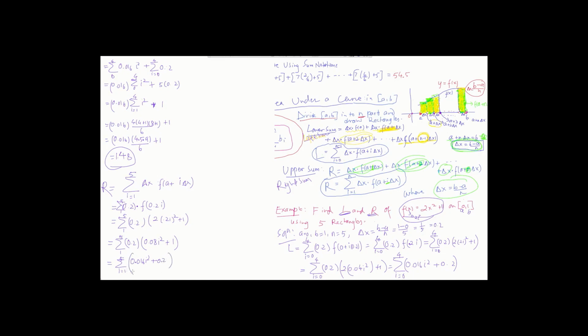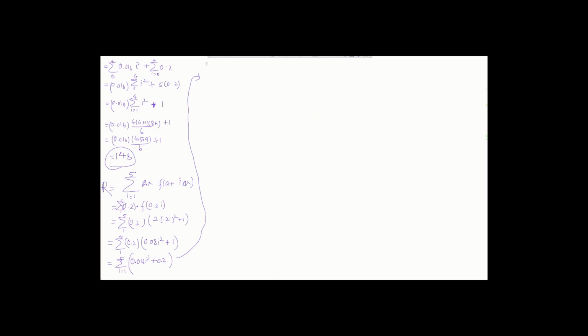Now you distribute the summation symbol. So what do you get? If you distribute that, you will get summation i runs from 1 through 5 of 0.016 i square, right? And then plus summation i runs from 1 through 5 of 0.2. So this is the sum of a constant.